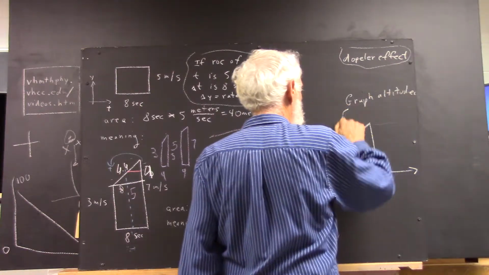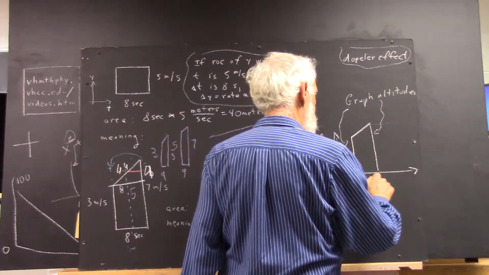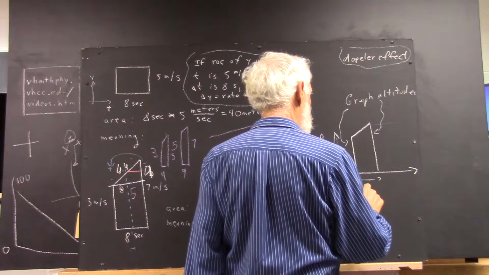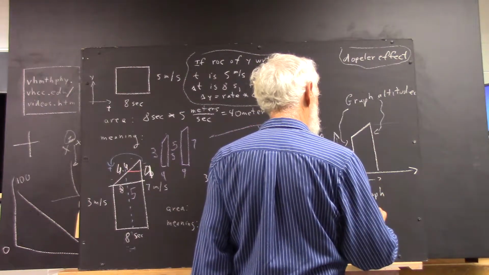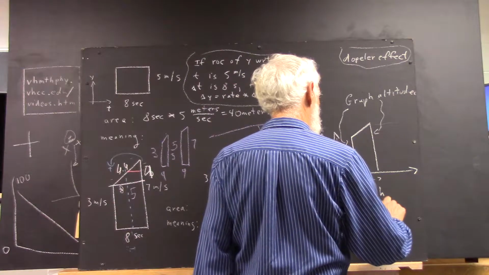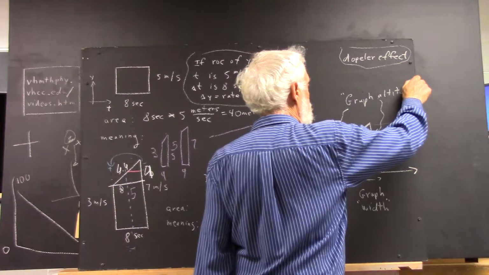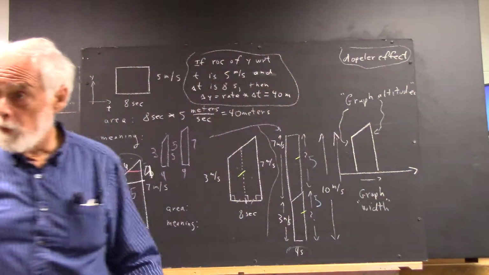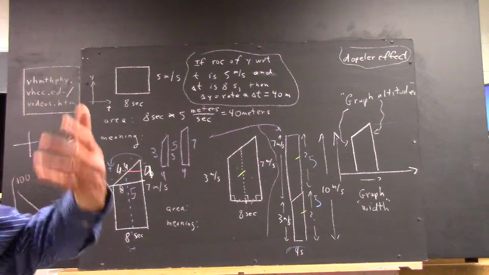of a trapezoid, and it's always going to be trapezoids. And here is your graph width. I'm going to put quotes around width, quotes around graph altitudes. I won't always put quotes around those things, but often I will. And you've got to think, there are kind of quotes around it.